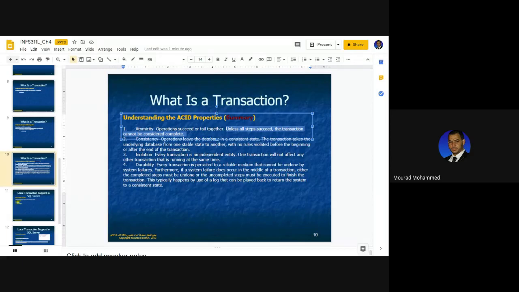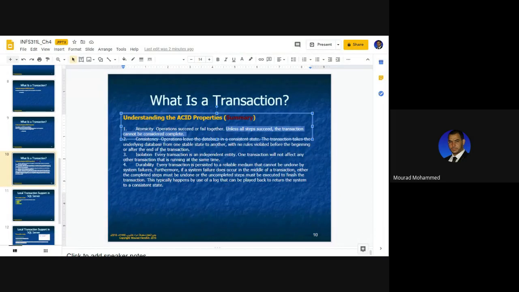The second property, the consistency: the system actually has to check that the transaction is either fully executed, and there are no breakups. There is nothing to stop the execution in between.